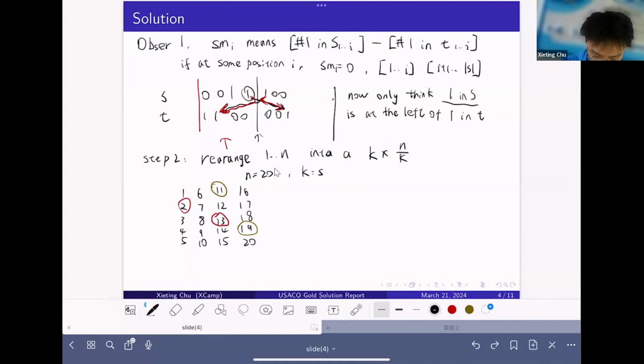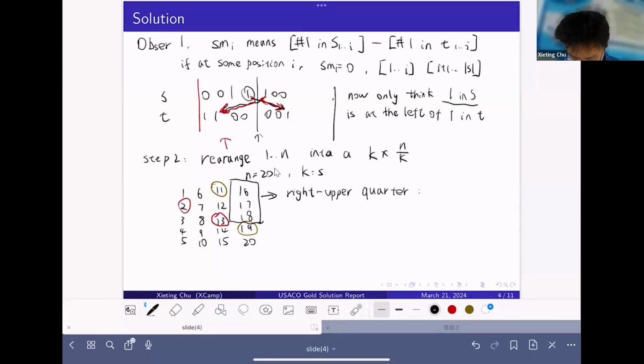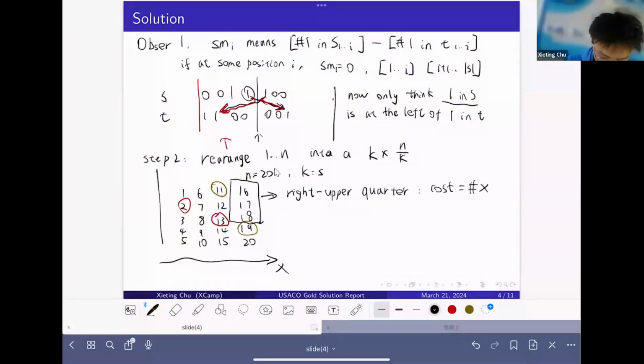And if we swap the one in red to the right upper corner, then what is the cost? The cost should be the difference of their positions in the x-axis, if we call this the x-axis and this the y-axis.